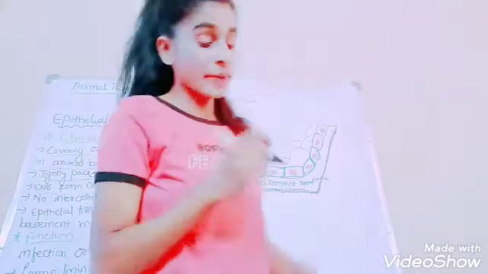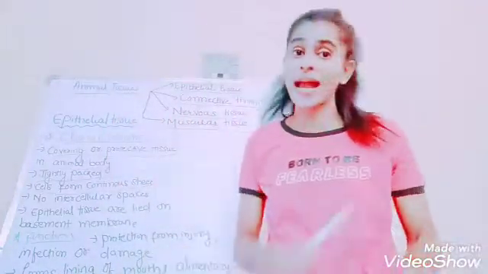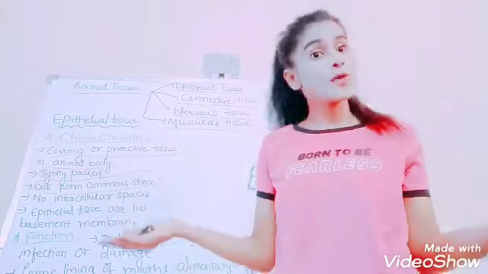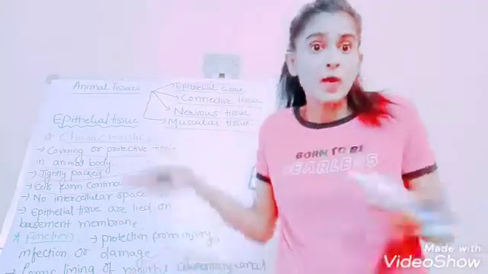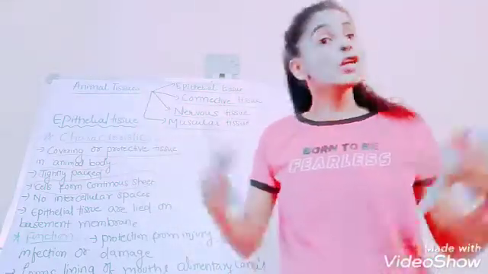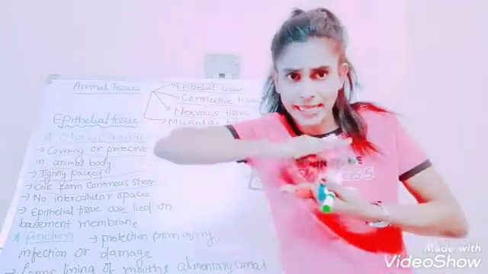Remember, these cells are very tightly packed, very compactly packed. Why tightly packed? Because to provide protection. So all the cells are compactly present, no intercellular spaces are there, and the cells are a continuous single sheet.